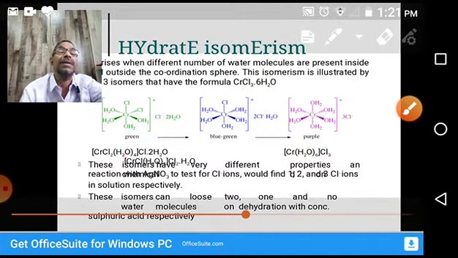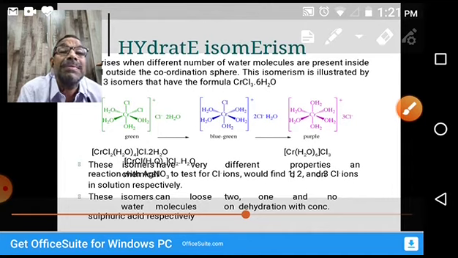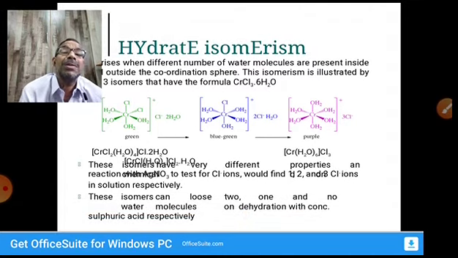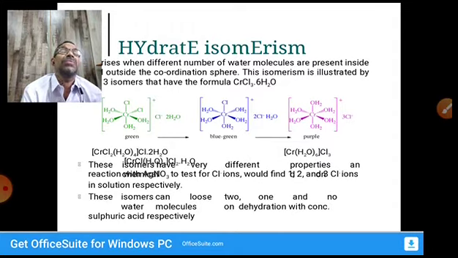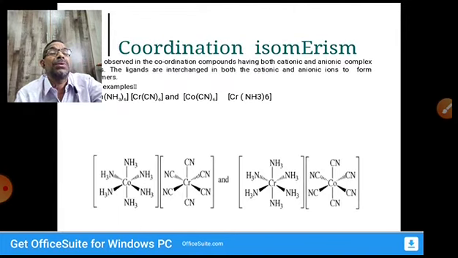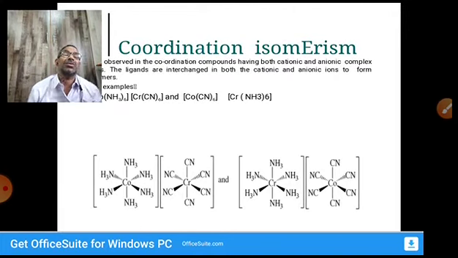I repeat, hydrate isomerism exists in compounds in which there is a change in the coordinating water molecules with the central metal atom. Due to the difference in coordinated water molecules, the properties are changing. That is the explanation of hydrate isomerism.